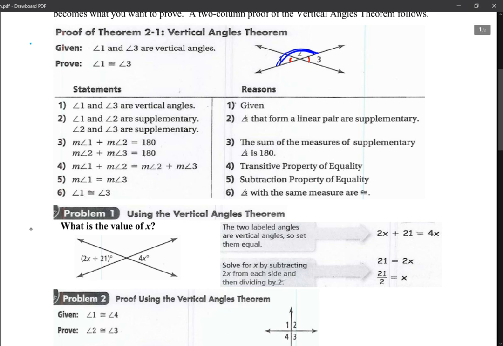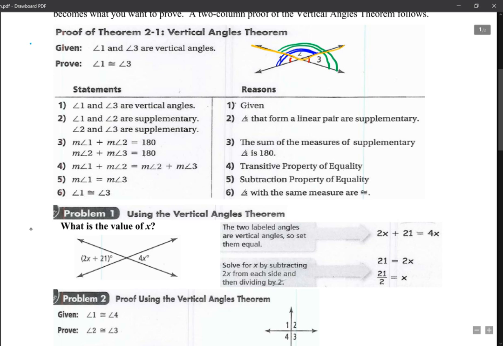I see a linear pair right there. And do you see another linear pair? How am I going to draw these? Right here. And what do you notice about these two linear pairs? I see that they share angle 2.